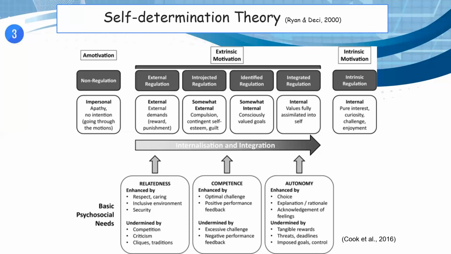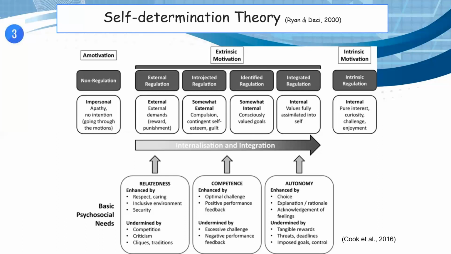Next, we have identified regulation. With this form of regulation, well, this form of regulation is somewhat internal in the sense that the individual begins to align their own sense of values with the values of the task, the values of the stated goal, the values of the stated outcome of the task.